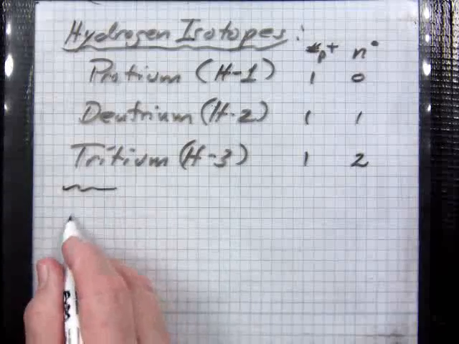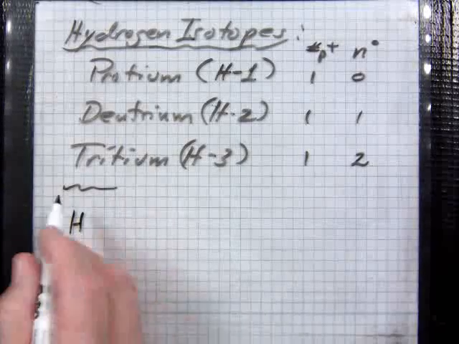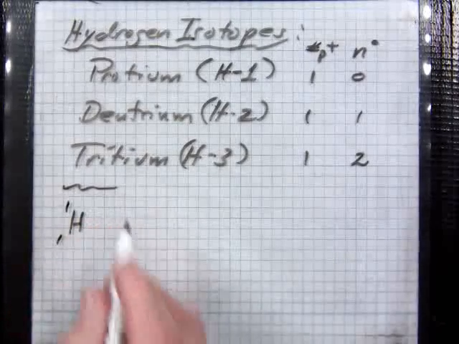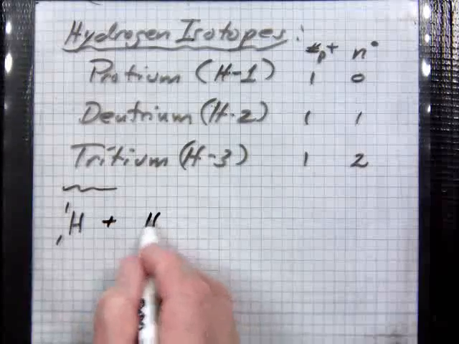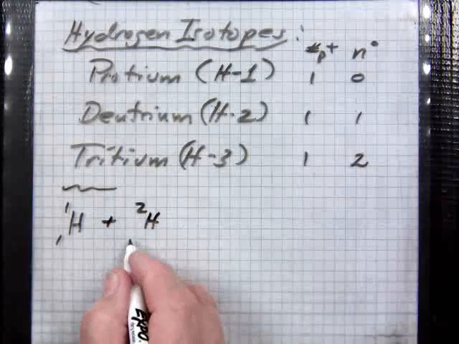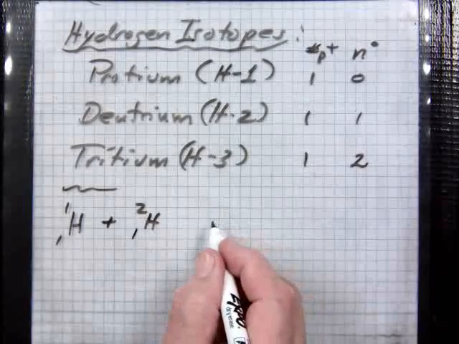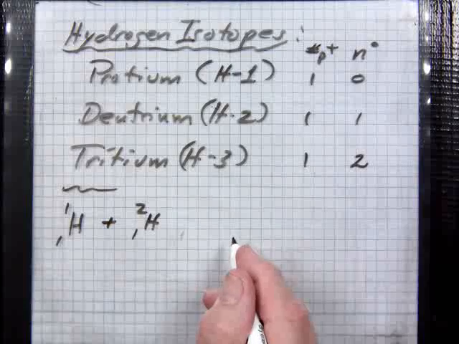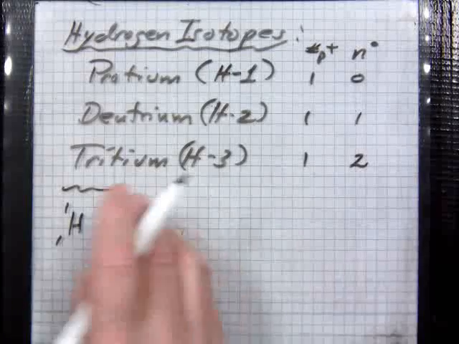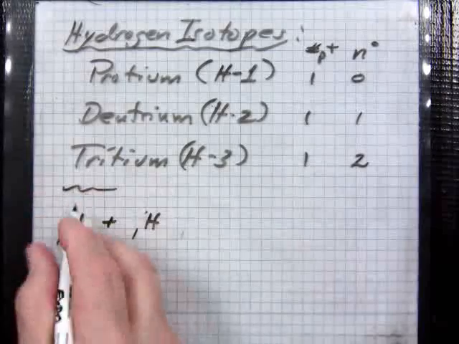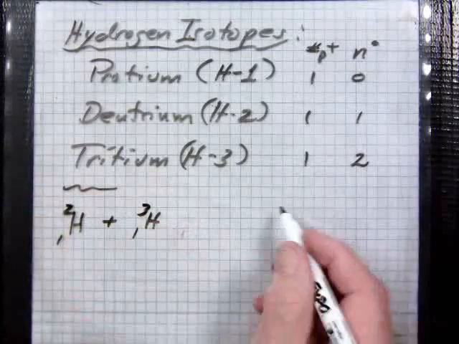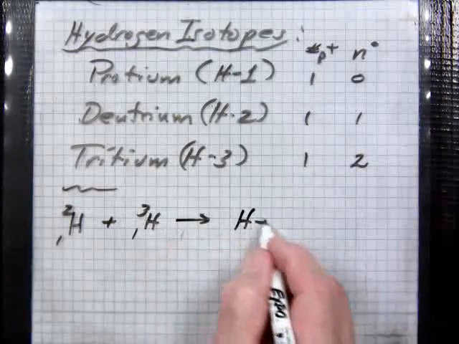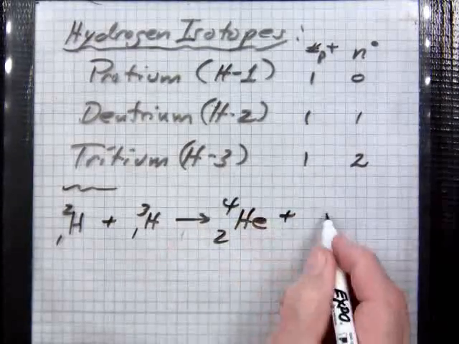Here is just for your interest, hydrogen 2 and 1, that's wrong, 2 and 1 and 3 and 1. Sorry, because atomic mass is the sum of. Okay, this will go to what we call helium, 4 and 2 plus a neutron.